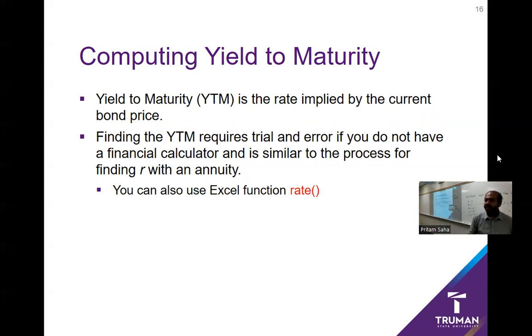Yield to maturity is buying the bond today and holding it for the entire period. What is the rate of return you are generating? On the financial calculator, you need to find this input. From the time value of money class, when you input all the information, compute the rate, I/Y. This is the yield to maturity.